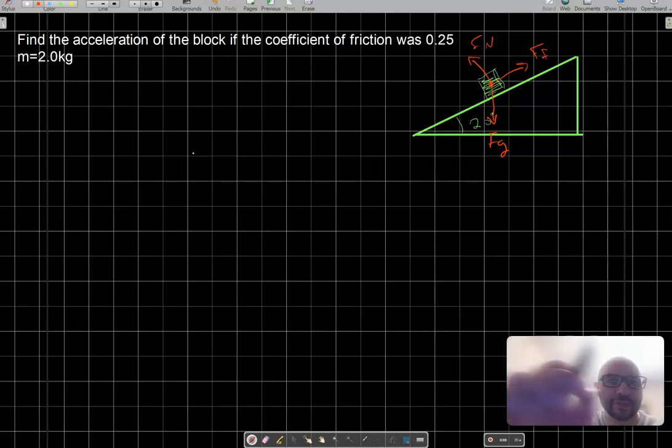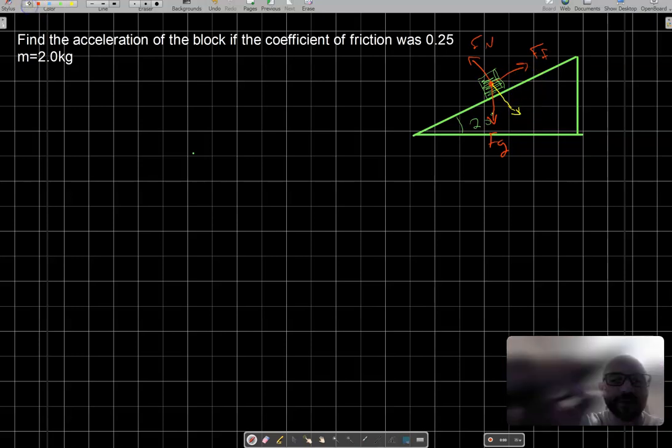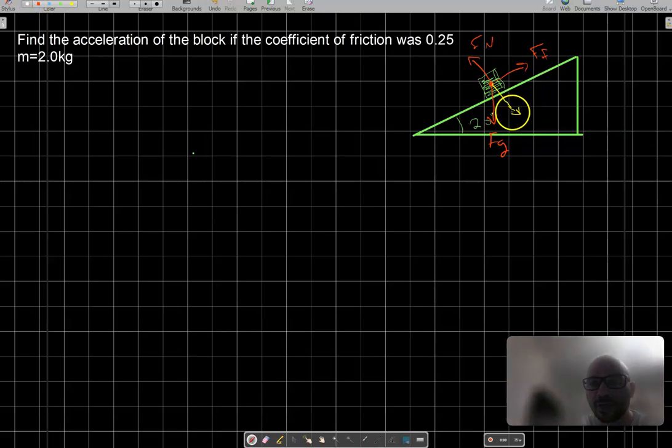That force is going to have to be broken into the perpendicular and the parallel components. The perpendicular component is going to be perpendicular to the surface, obviously in the opposite direction, so that's going to be this component of the force. The parallel one is going to be parallel to the surface of the incline, which is in this direction right here.